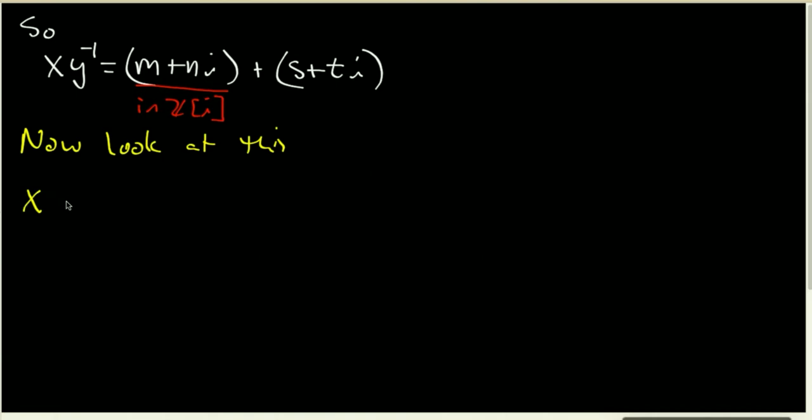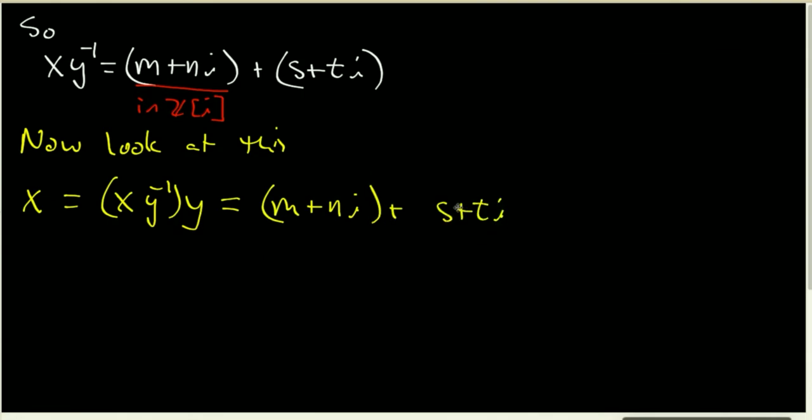I can write x as being equal to x times y inverse times y, and I can put parentheses around that. And now I can write x as being (m plus ni) plus (s plus ti) times y inverse.